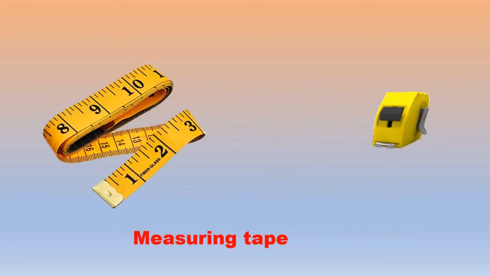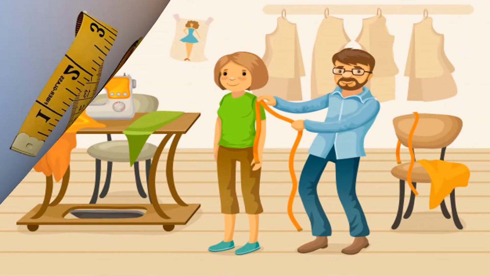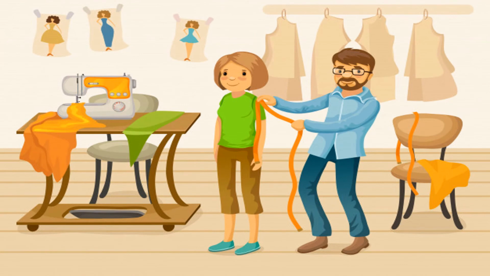A measuring tape is used to measure the length of longer objects. It is also one of the standard units to measure the length of an object. If you have gone with your mother to a tailor shop, you have seen this kind of measuring tape.